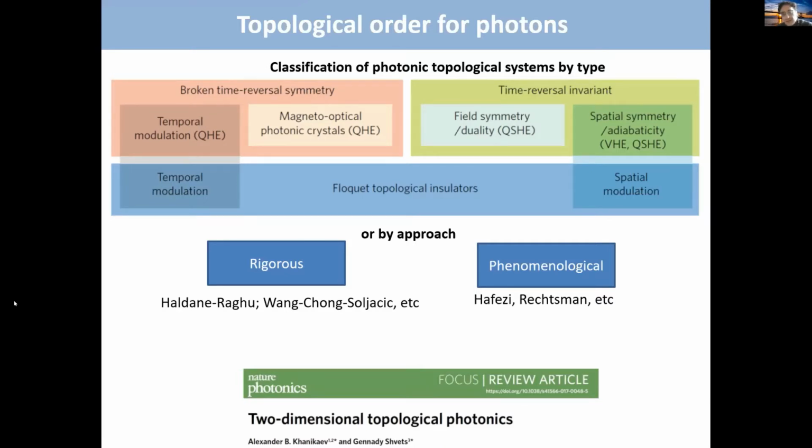In our case, we will try to use a different approach where we don't have to break time reversal symmetry. It will be a time reversal invariant system where we use symmetry induced pseudospin to emulate the quantum spin Hall effect of condensed matter physics.